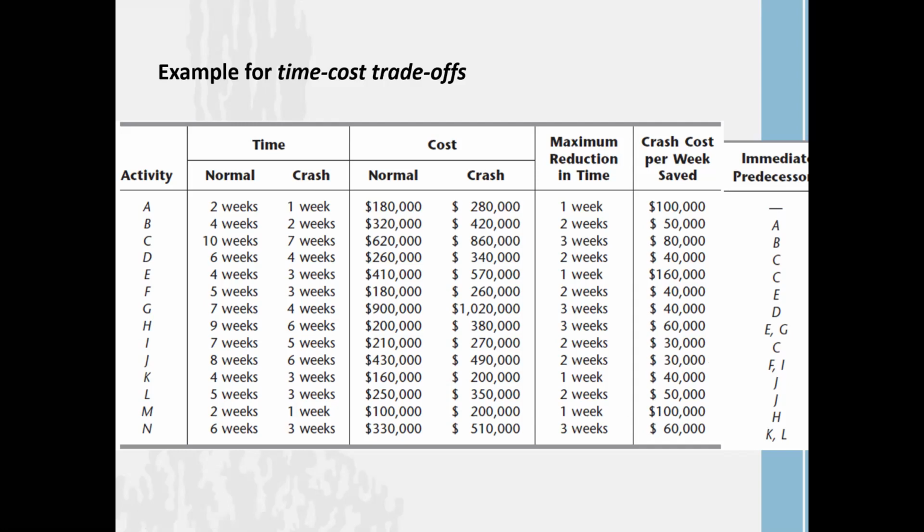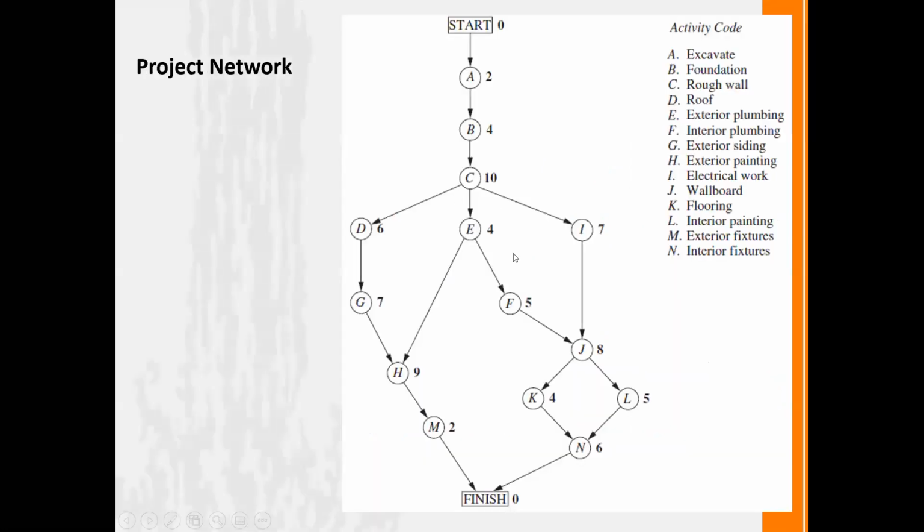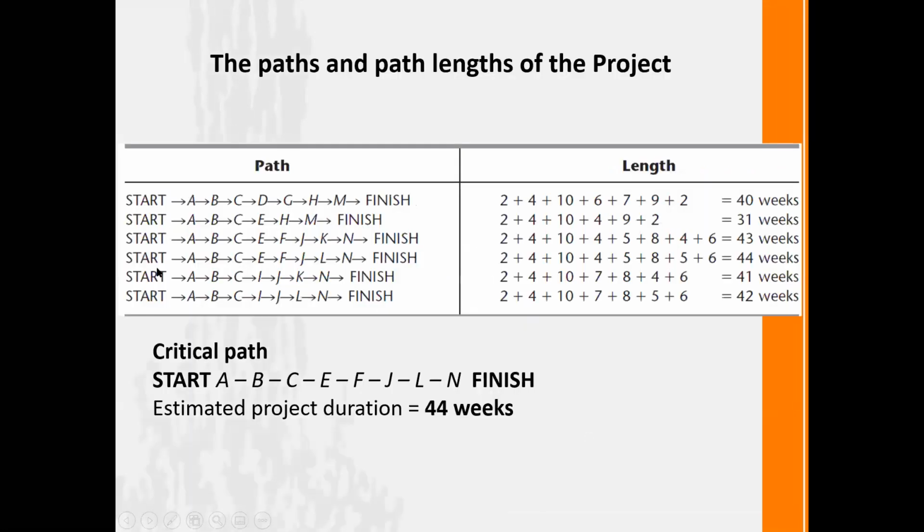Then we drew the network and identified there are 6 possible ways of completing the project. After identifying those 6 possible ways, we calculated the completion time of the project. Then we ended up with the longest path as 44 weeks.